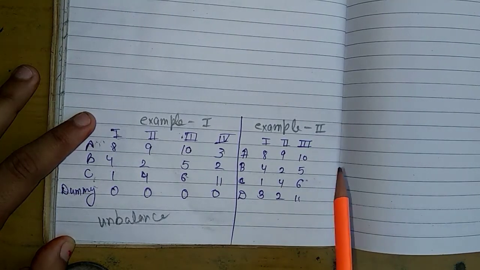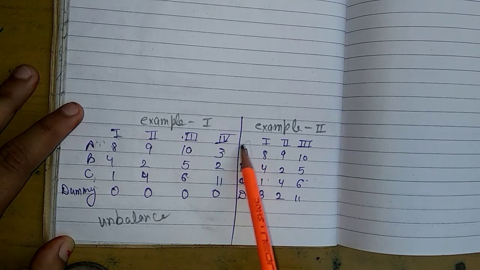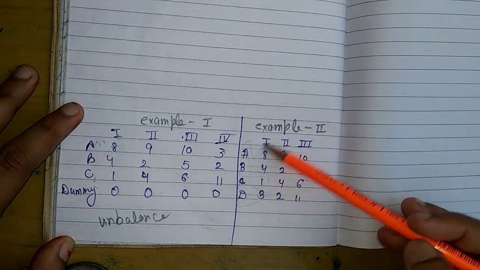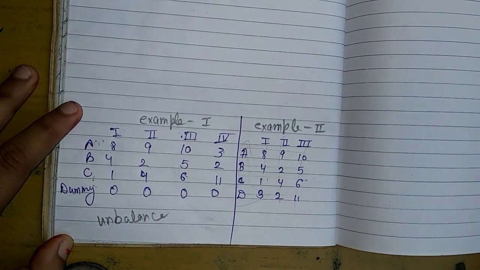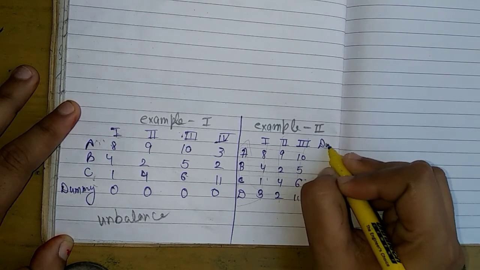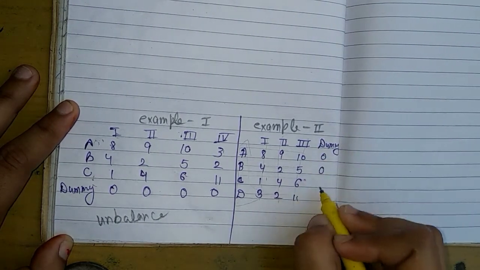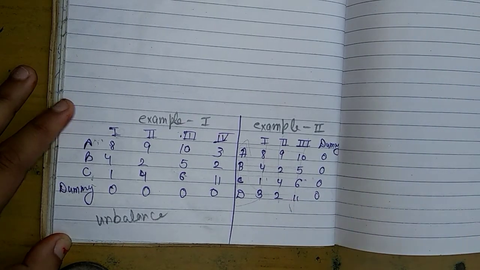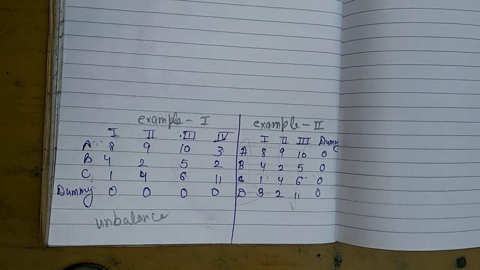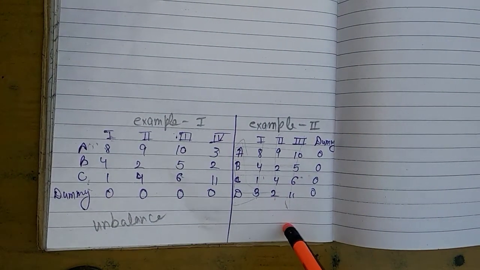Now you can see that this matrix is unbalanced because there are 4 rows and 3 columns. Now we create dummy to make this matrix balanced. Now it is a balanced matrix. It is the first requirement in assignment problem that our matrix should be balanced one.